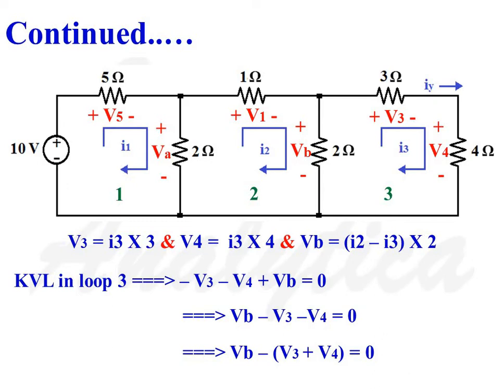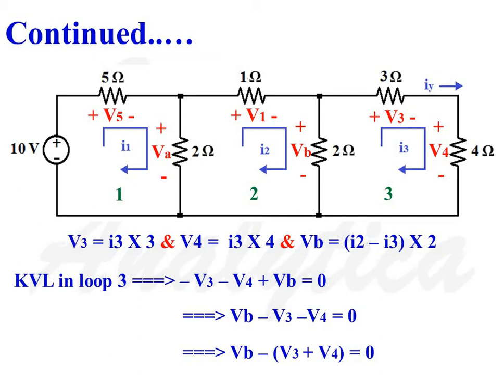Applying KVL in the loop. Let us start with voltage drop across 3 ohms. Moving in the clockwise direction, as we move from positive potential to negative potential, minus V3.